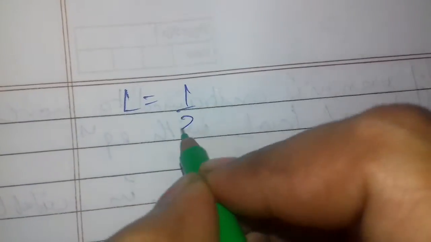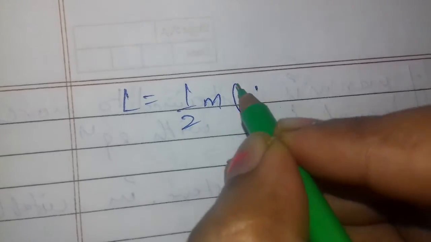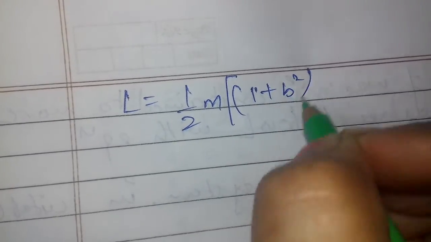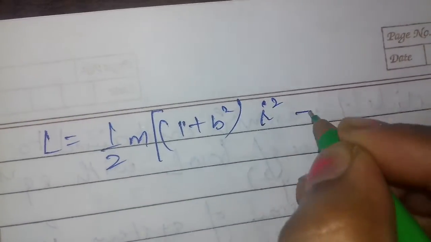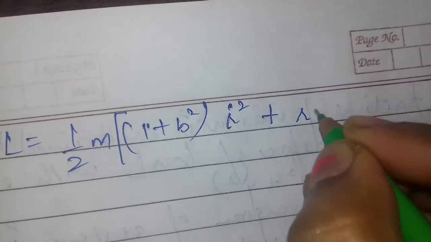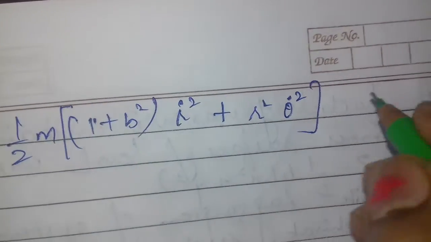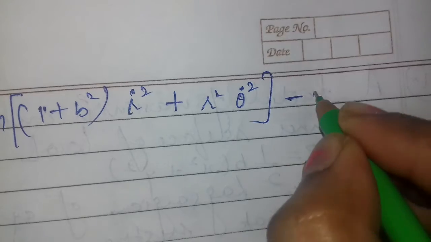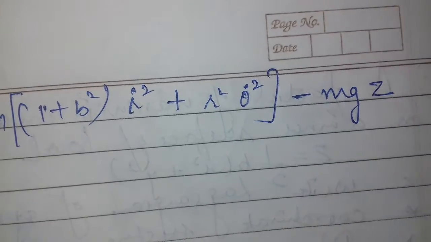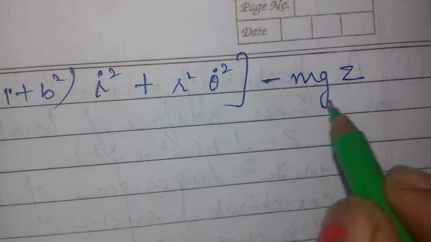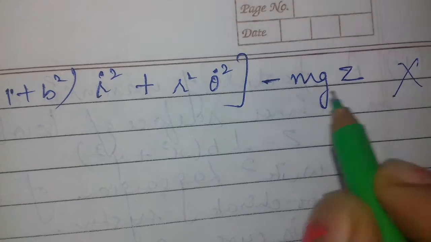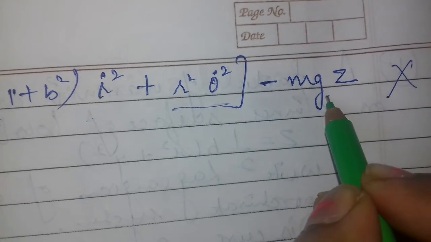half m times (1 plus b square) r dot square plus r square theta dot square, and keep this minus sign here, minus mgz. You can't use z, this Lagrangian is wrong. You know a dot should be here for this thing, but z dot is not here.